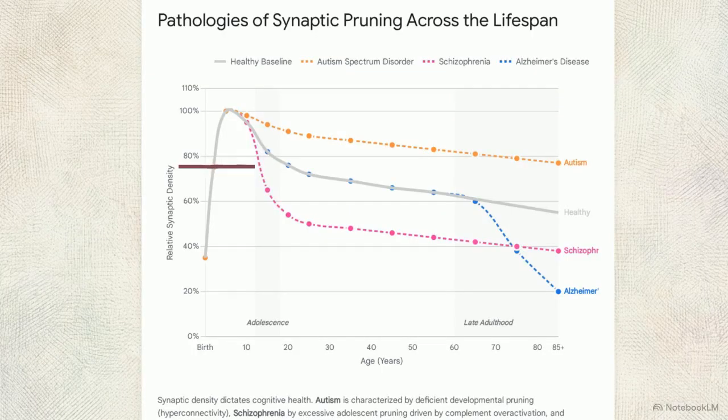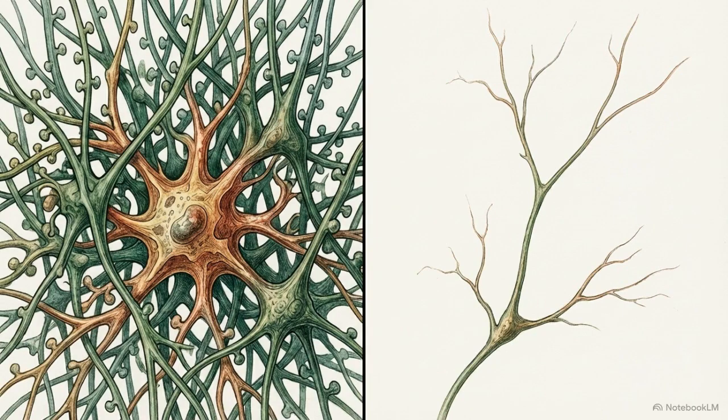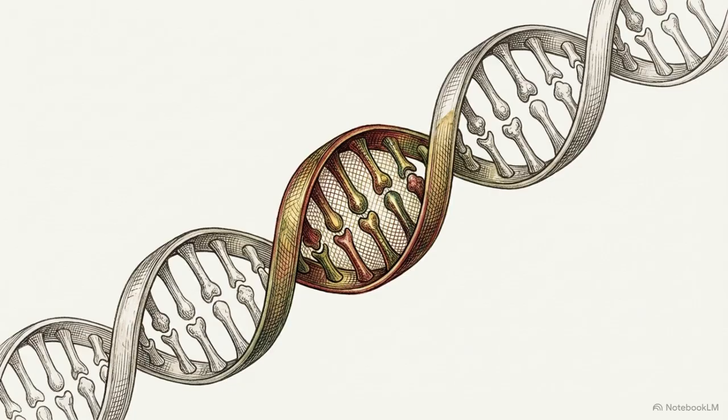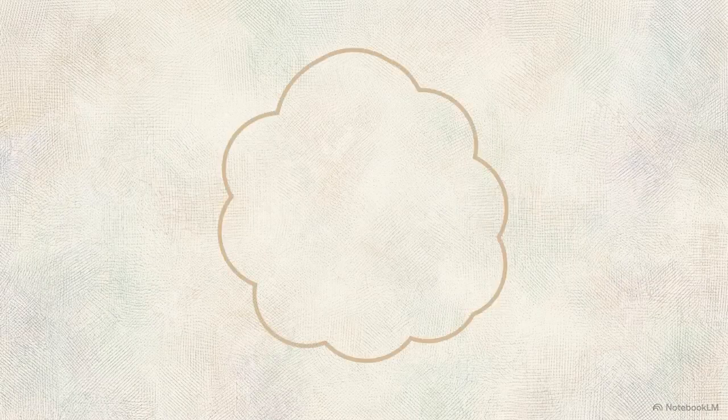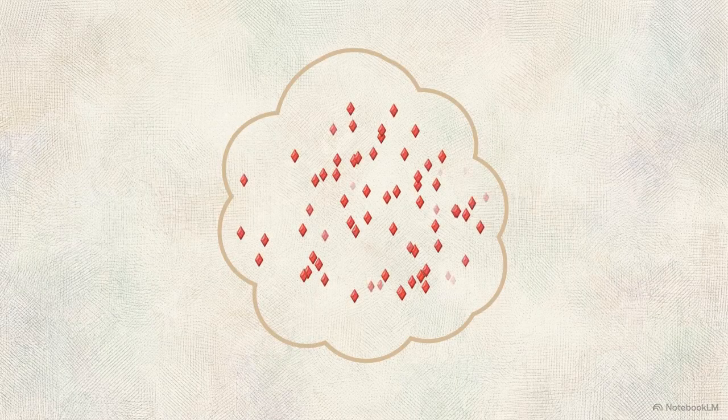In late adolescence, the pink curve reveals the structural reality of schizophrenia. Contrasting sharply with autism, schizophrenia represents a state of pathological overpruning. The strongest genetic risk factor involves structural variations in the MHC locus. These variations drive severe overexpression of the complement C4a gene inside the brain.